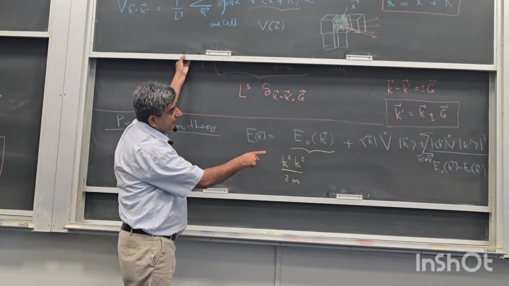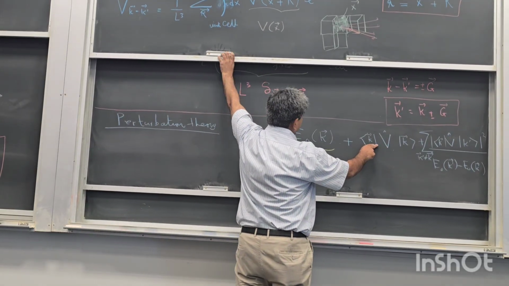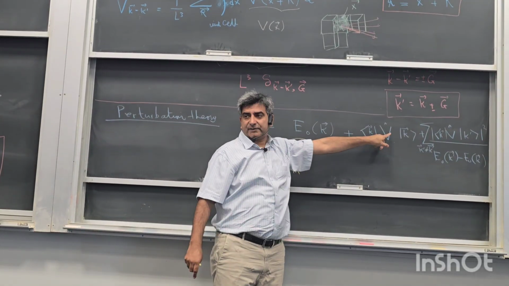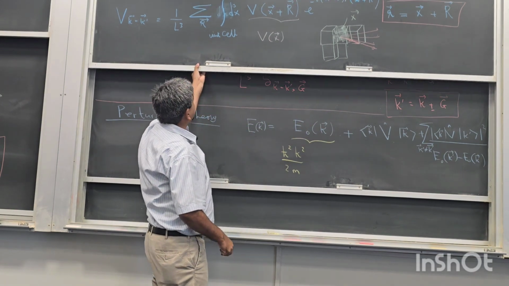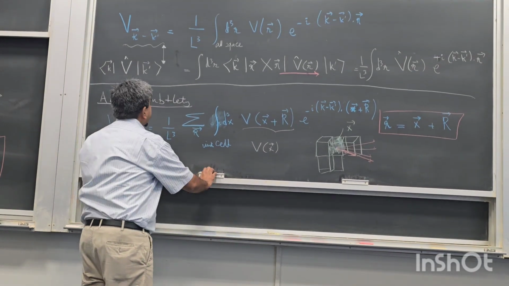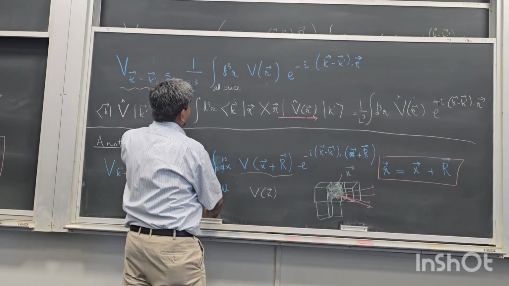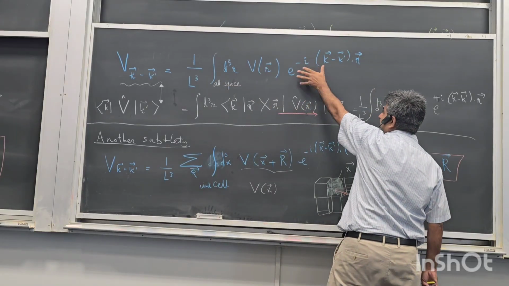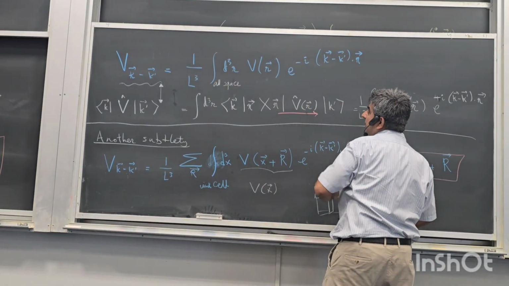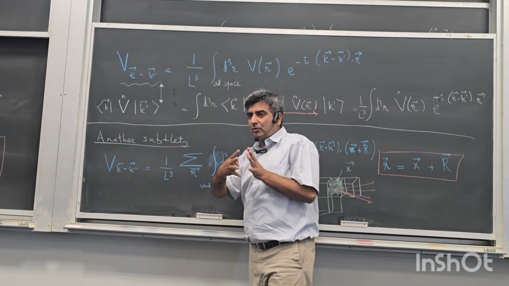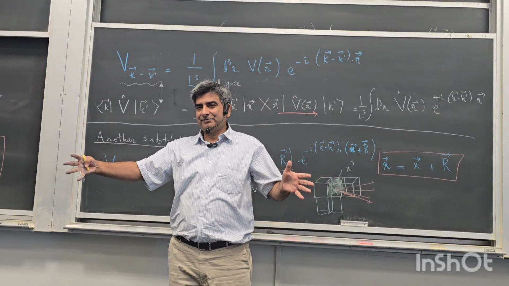So I'm going to sandwich this Hamiltonian in between two identical states. If I sandwich it between two identical states, this is k, this is also k, this term turns out to be e raised to the power 0, this is 1.